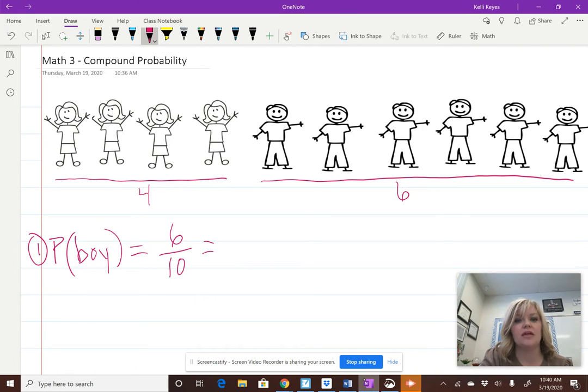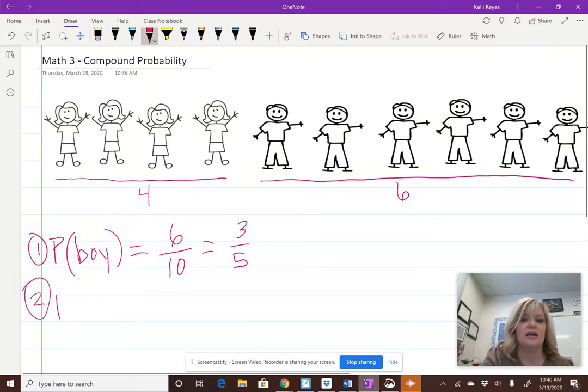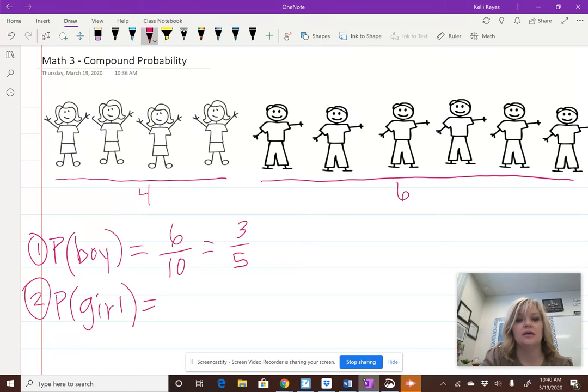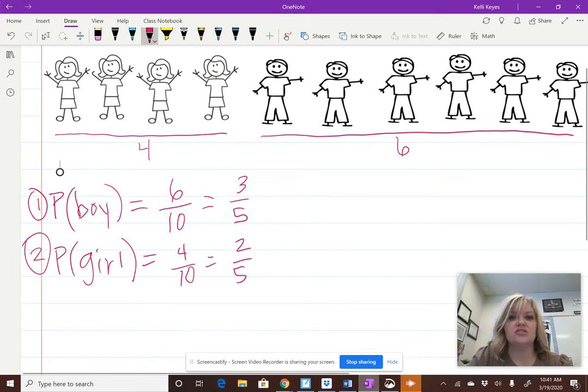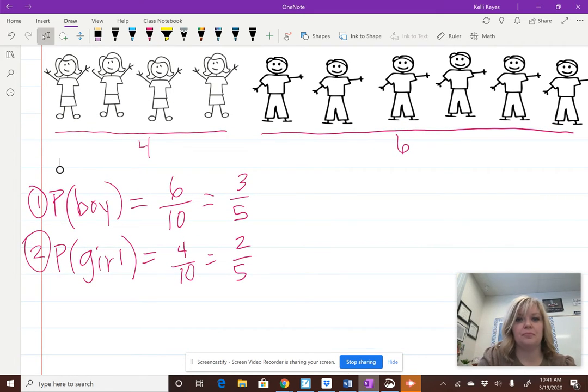We could simplify that to 3 out of 5 times I would select a boy. And then the opposite of that is selecting a girl. There are 4 girls out of 10 total, which simplifies to 2 out of 5. So that's just basic probability.